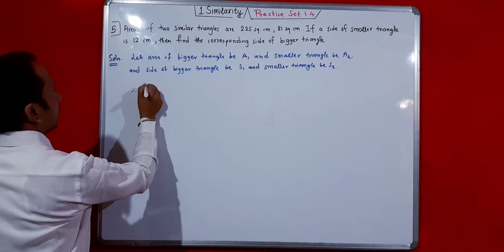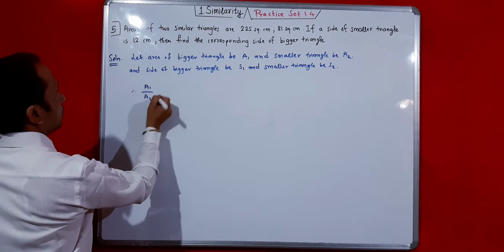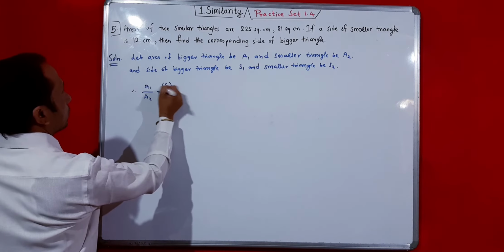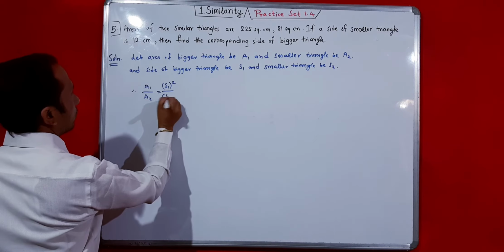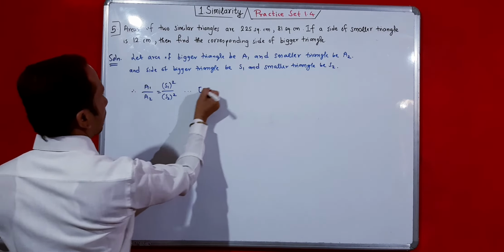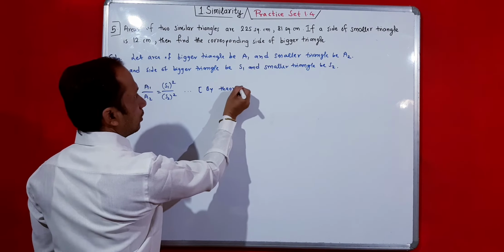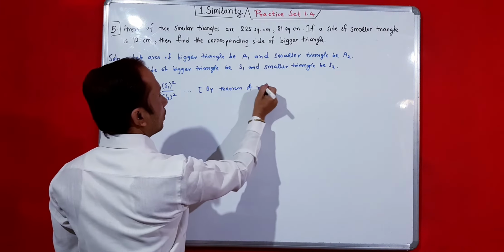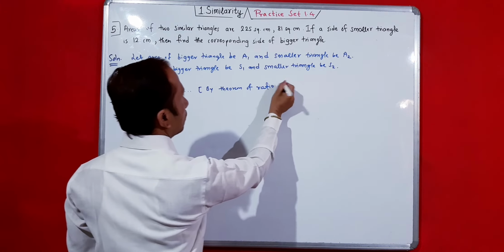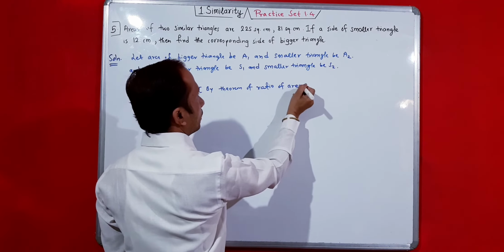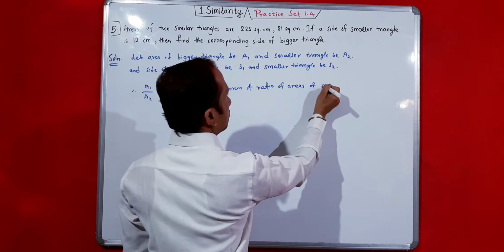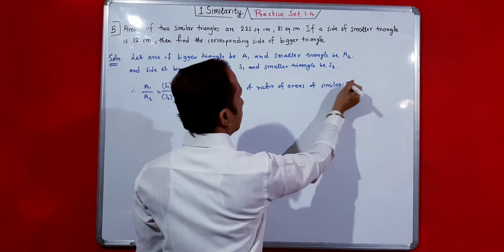Therefore A1 upon A2 is equal to S1 square upon S2 square, by the theorem of ratio of areas of similar triangles.